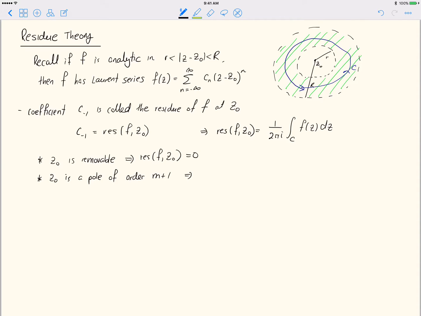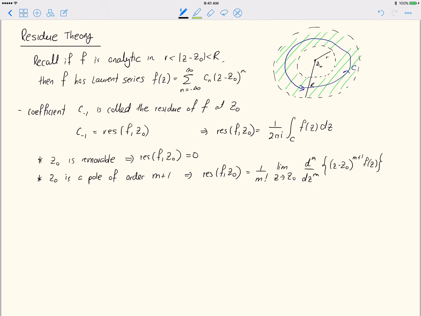Then the residue at z0 is defined to be 1 over m factorial, limit as z approaches z0, the mth derivative of z minus z0 to the power of m plus 1 times f of z.